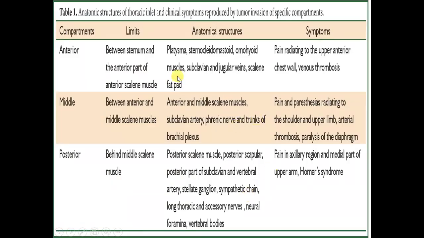So here is a table given in the book, and this table shows the mediastinum, its limits, and its anatomical structures present. Here are the symptoms of its anatomical structure, thoracic inlet, and clinical problems produced by tumor invasion.